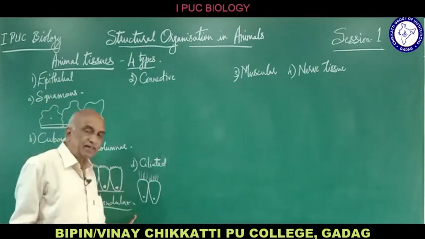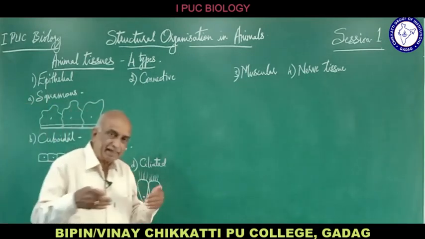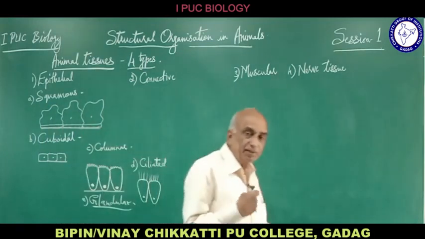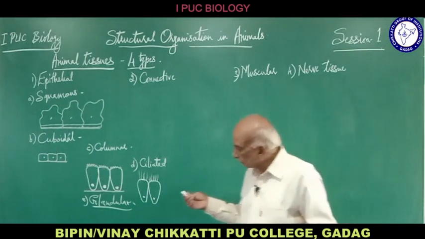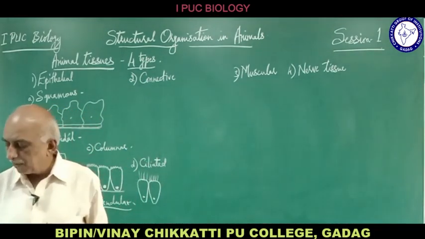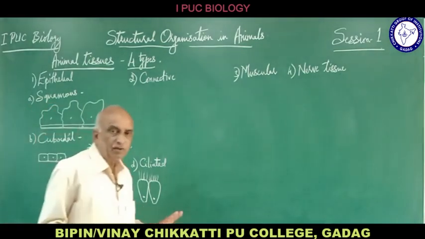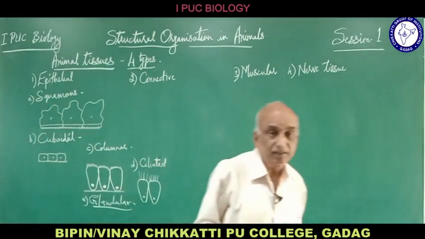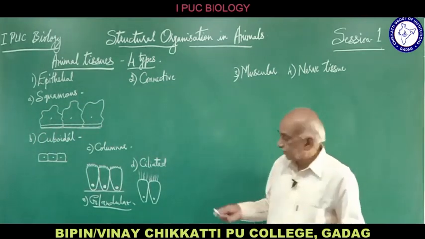These cells enclose a cavity into which they secrete various secretions. So this glandular epithelium is made up of either columnar or cuboidal cells, and they are specialized for secretion.